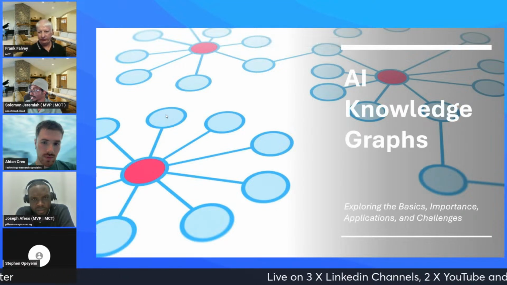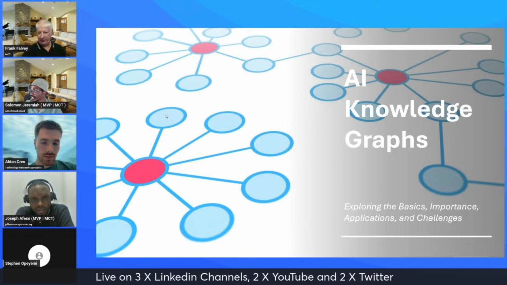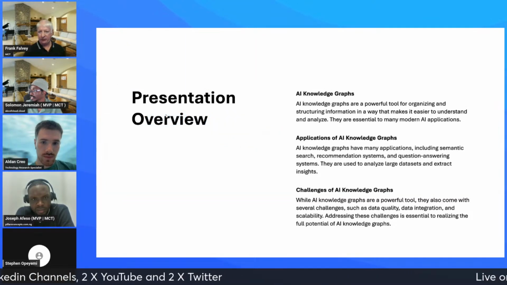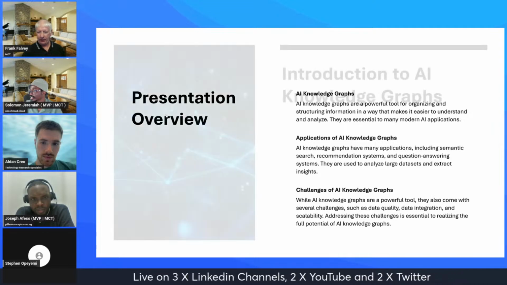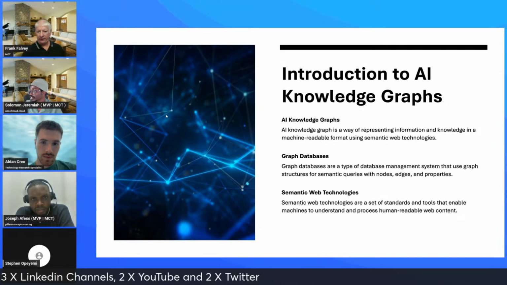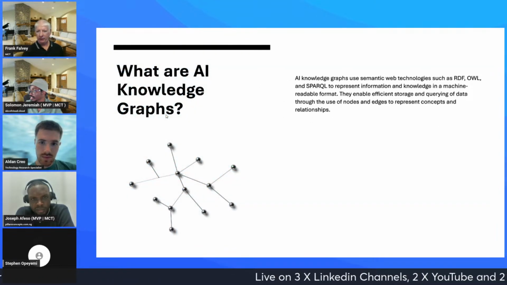Okay, so it's given us AI knowledge graph, exploring the basics, important. We'll just go down through and we'll see. I won't read out everything because we're only coming up on the end of the show. Graph databases, semantic web.